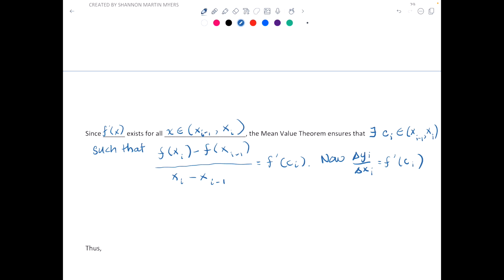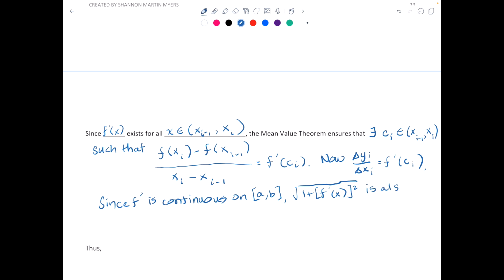Since f prime is continuous on the closed interval from a to b, the square root of 1 plus f prime at x squared is also continuous.